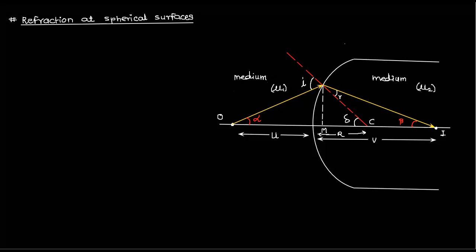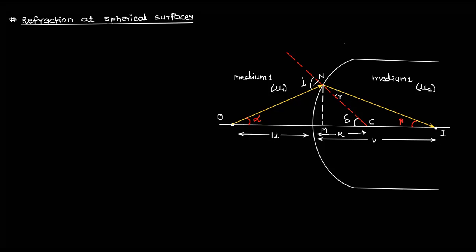So let's write like this: medium 1 with refractive index mu 1, medium 2 with refractive index mu 2. Okay.